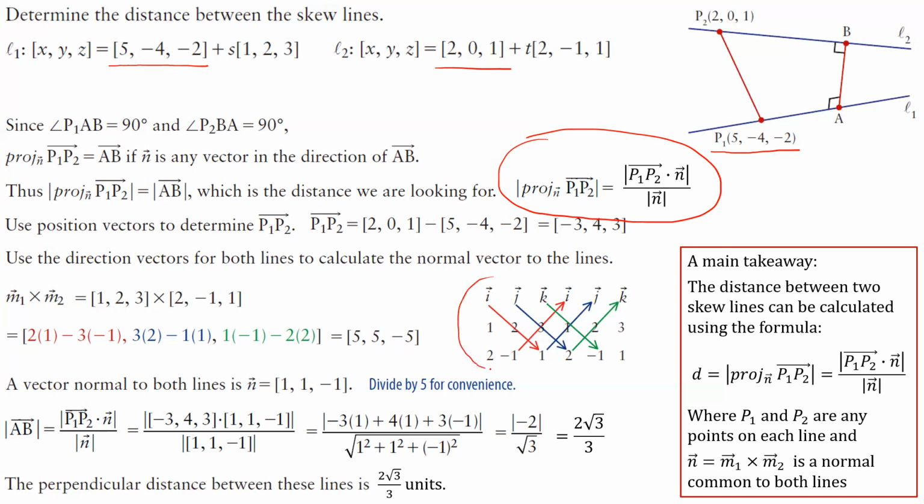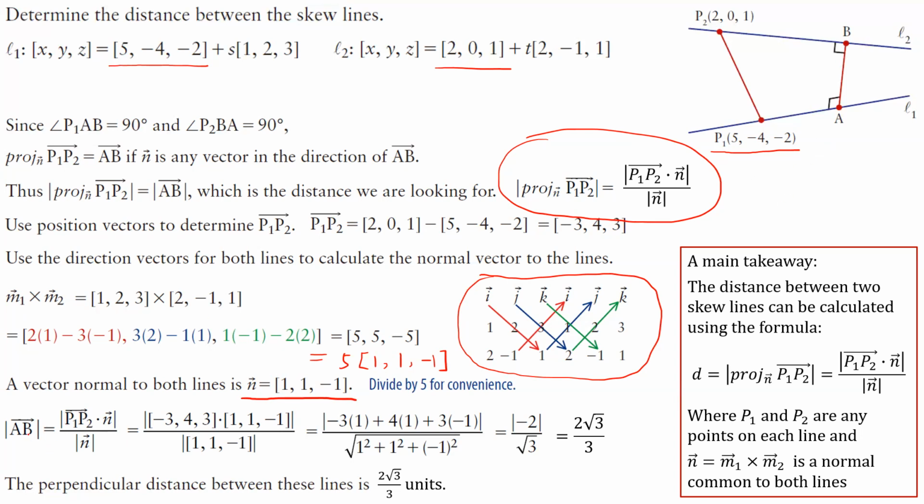Remember, we can use the method shown here on the right to find the cross product, which is actually 5 times (1, 1, -1). So a vector normal to both lines can be chosen to be n equals (1, 1, -1). This vector is perpendicular to both L1 and L2, right?